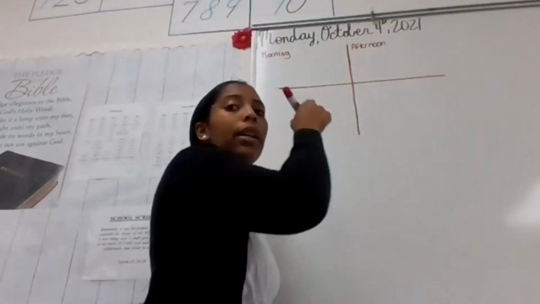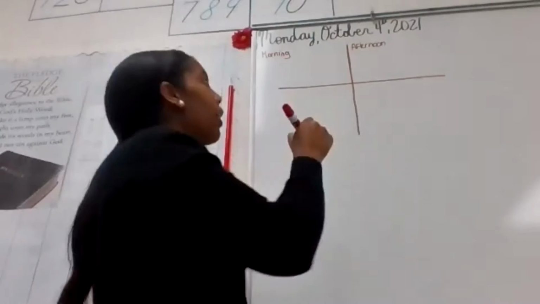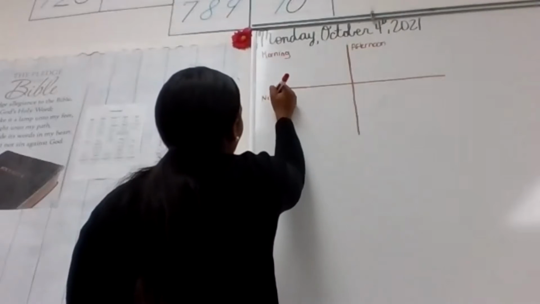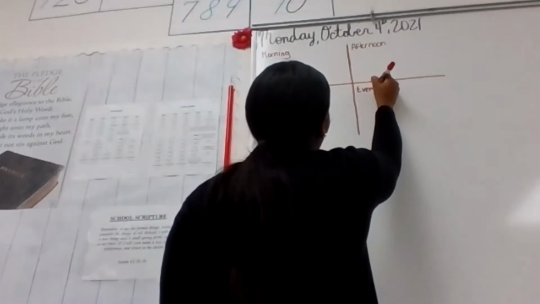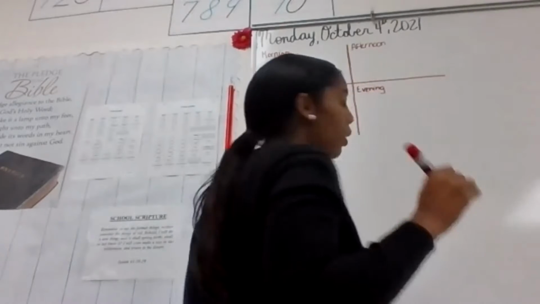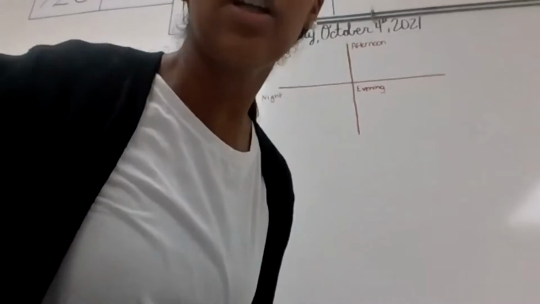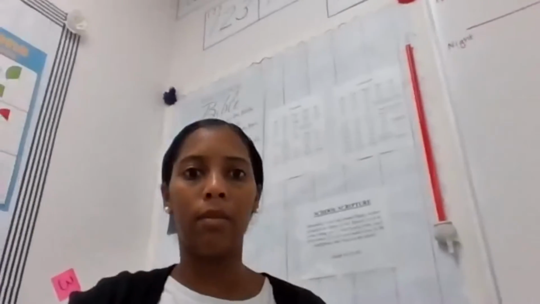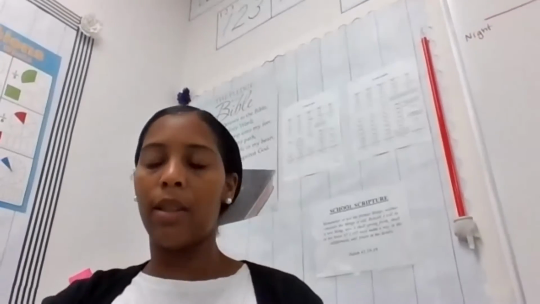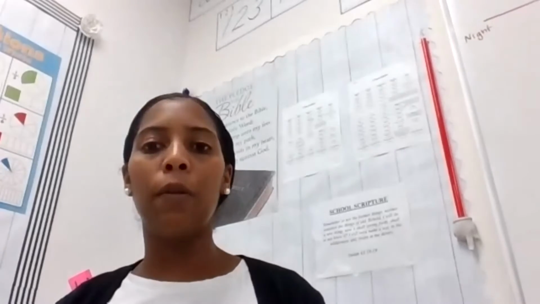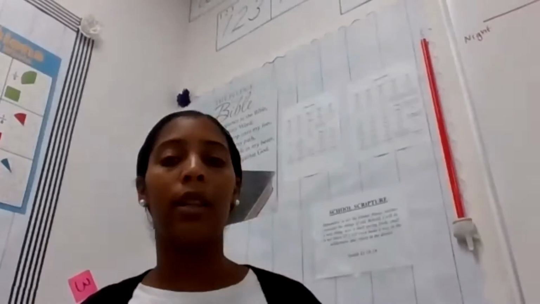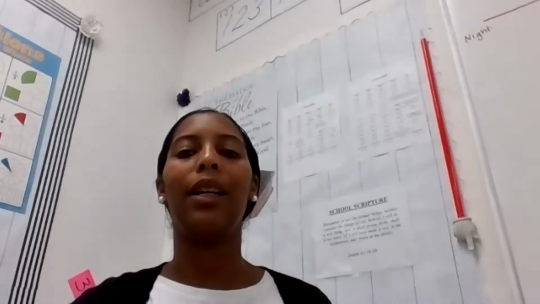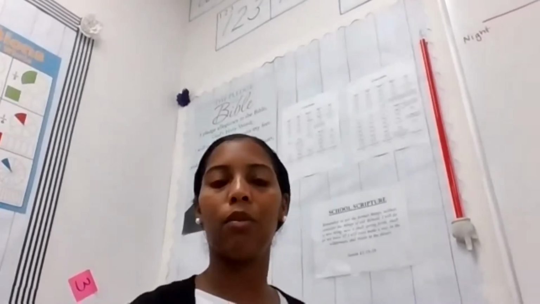So morning, afternoon, we have the night and the evening. Everybody sees that in their book on page 35A? Yes, okay. So these are the 4 different parts of the day: morning, afternoon, evening, and night.